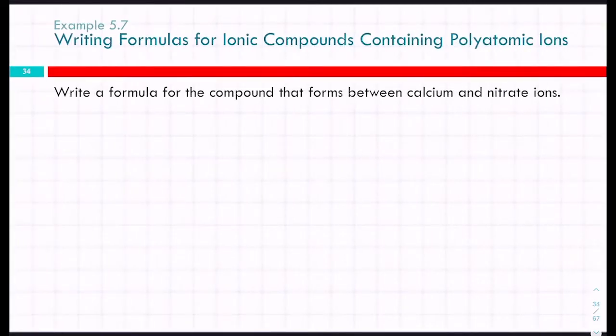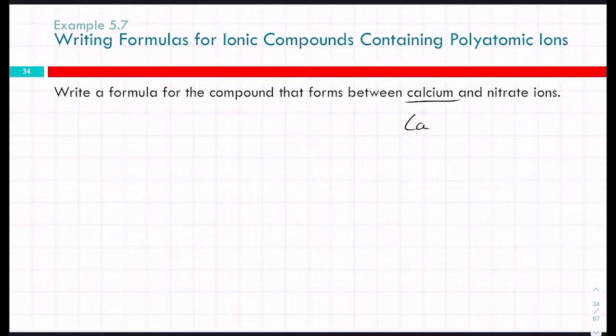Okay, so if we want to write a formula for the compound that forms between calcium and nitrate ions, the first step that we talked about last time was writing out the symbols for each of the ions. So for calcium, it's going to be Ca.